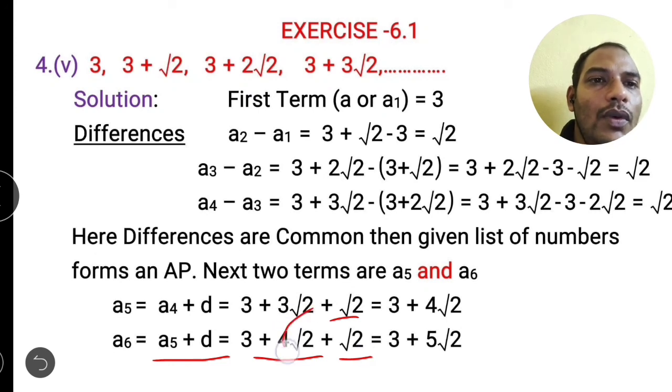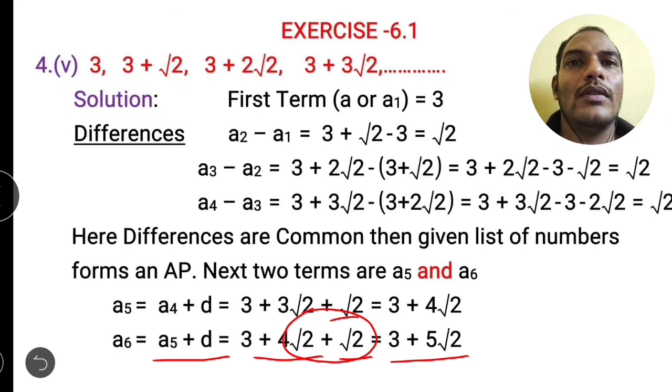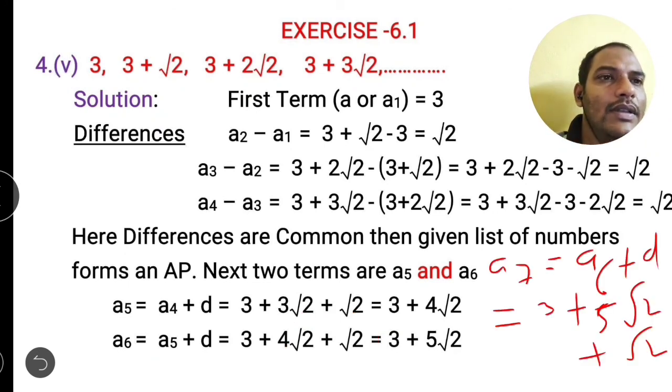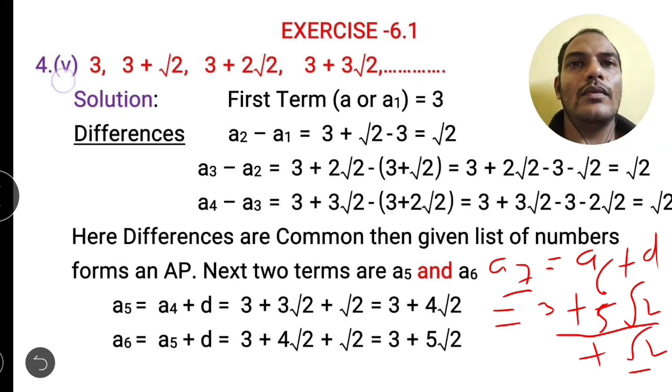Here 4 root 2 and root 2 are both like terms, so we can add: 3 plus 5 root 2. Next, the seventh term is a6 plus d: 3 plus 5 root 2 plus root 2 equals 3 plus 6 root 2.